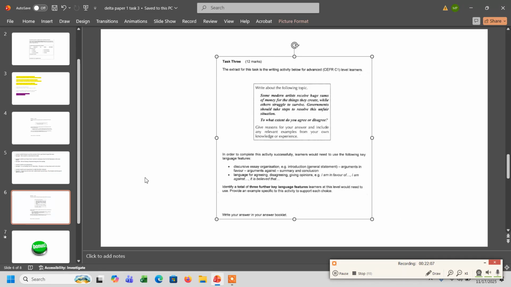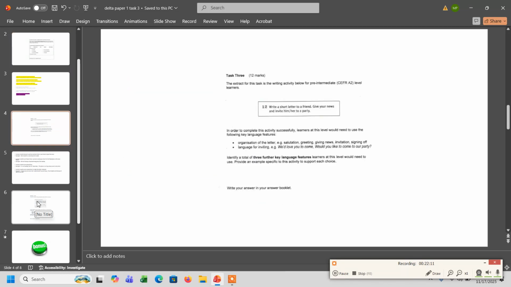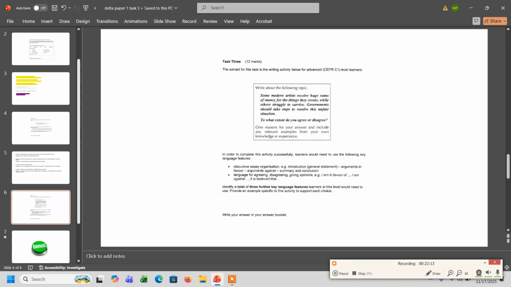So for C1 it is not the same as those things, right? Because they are elementary, A1, A2, but this one is C1 level. And look at this one. This is similar to an IELTS question. Some modern artists receive huge sums of money for the things they create, while others struggle to survive. Government should take steps to resolve this unfair situation. Okay.